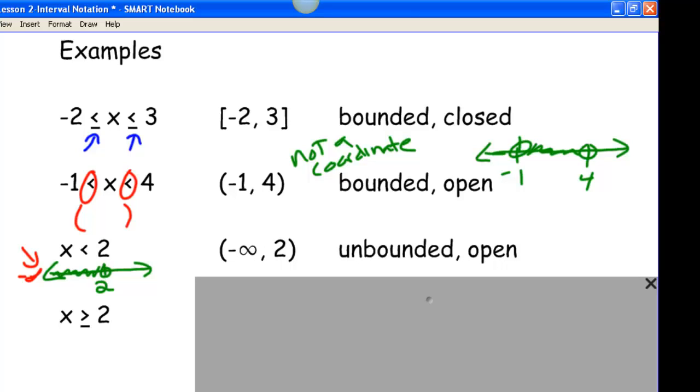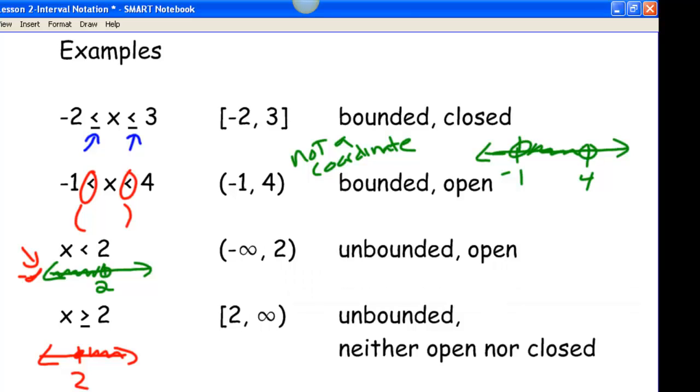And our last example for this station is if I were to graph x is greater than or equal to 2, it would get a closed dot and shade everything to the right. So I would start my interval at 2, and since it can be 2, it would get a bracket, and then it would end at infinity, and therefore it's considered unbounded and neither open nor closed.